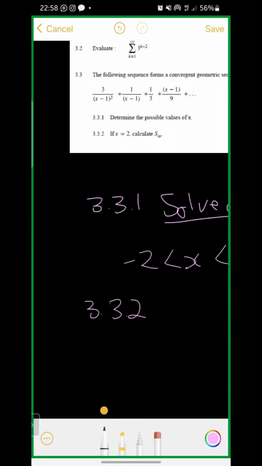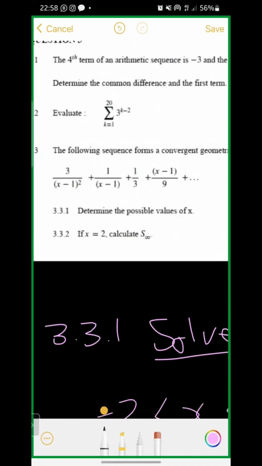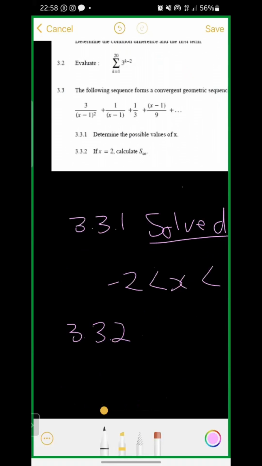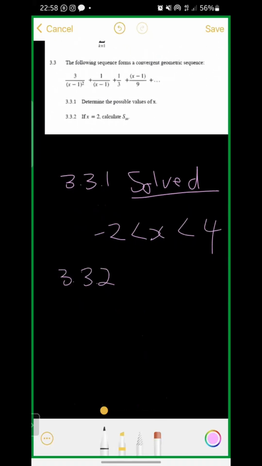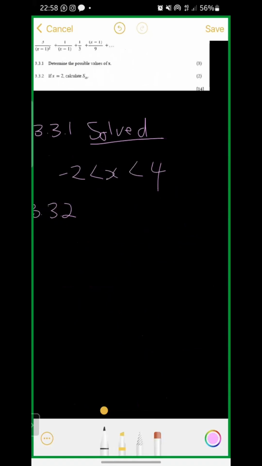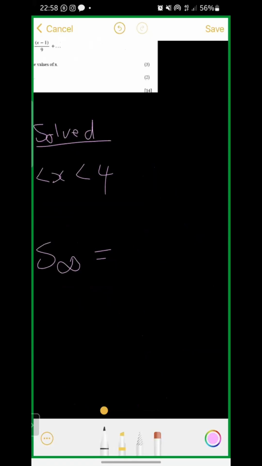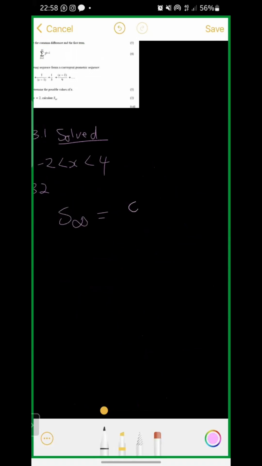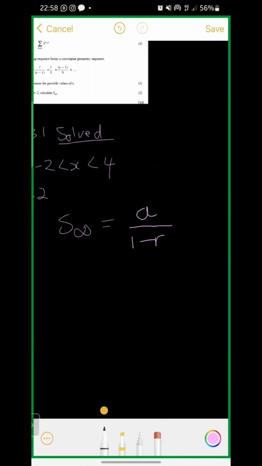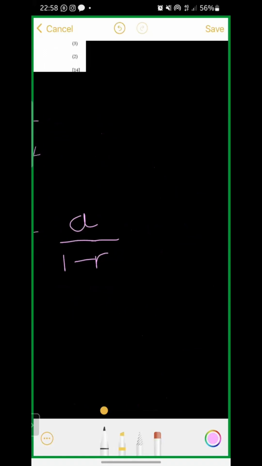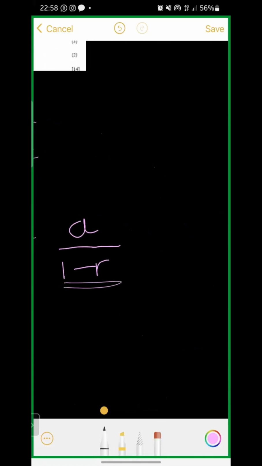So let's resume. We are just given x is equal to that. For our sum to infinity, let's write down the formula and see what we need. Sum to infinity is equal to a over 1 minus r. One thing you should notice about the sum to infinity is that it's 1 minus r always, never r minus 1.